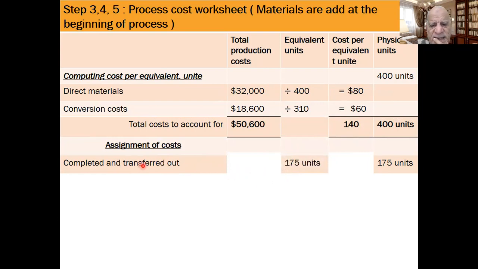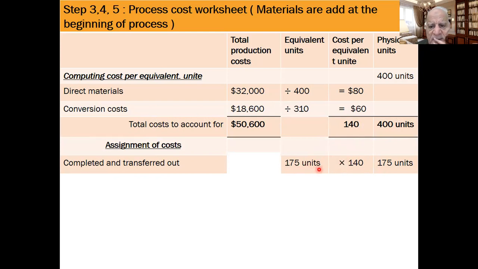The completed units are 175 units, which are complete from both direct materials and conversion costs. So we will multiply these units by the total cost per equivalent unit, as you see now.